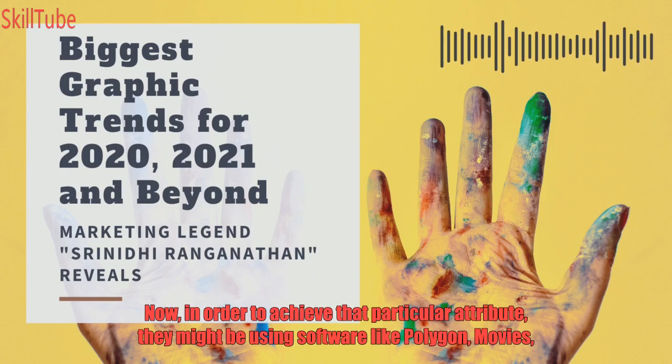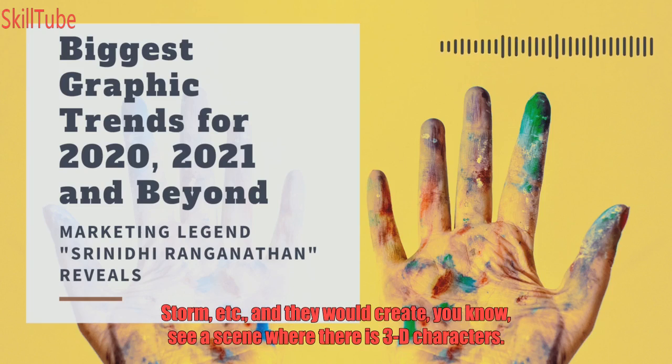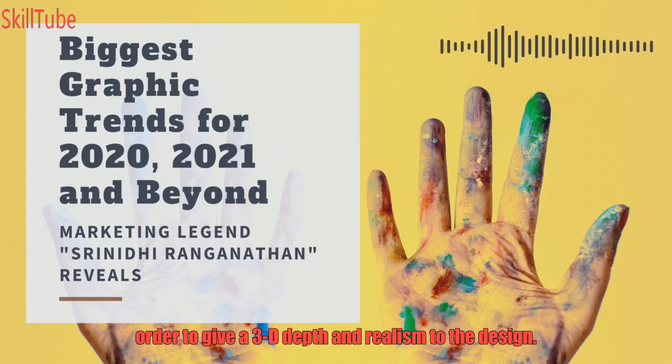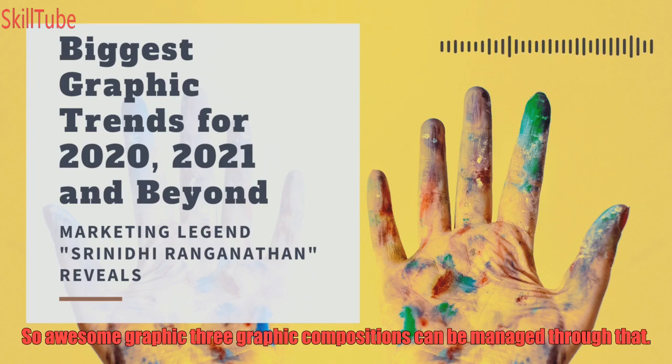Now, in order to achieve that particular attribute, they might be using software like Plotagon, MovieStorm, etc. And they would create a scene where there are 3D characters, and using those 3D characters, they would actually take a screenshot of their finished design in order to give a 3D depth and realism to the design. Correct? So awesome 3D graphic compositions can be managed through that.